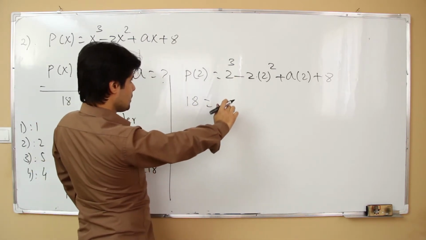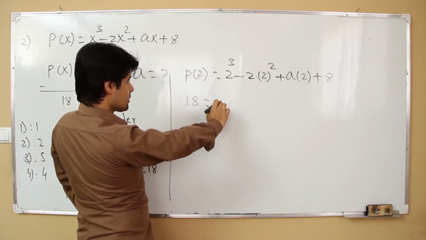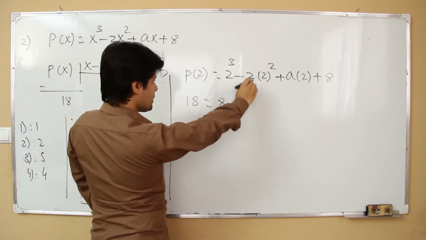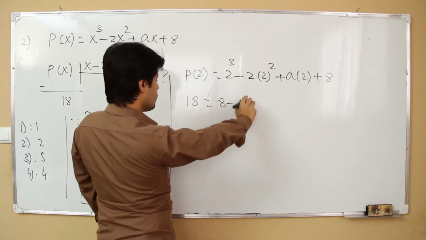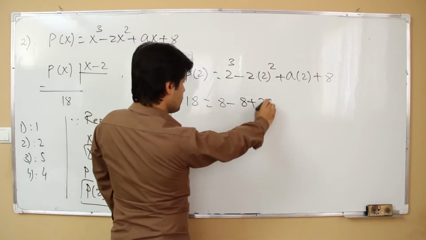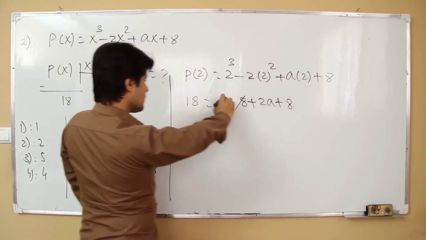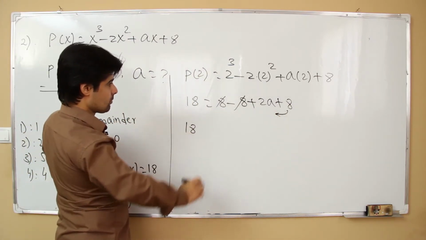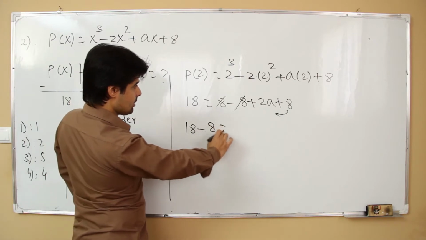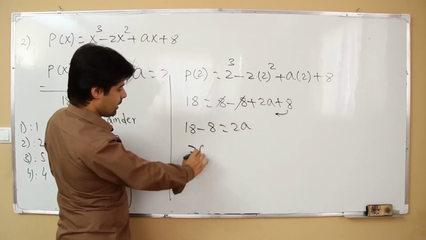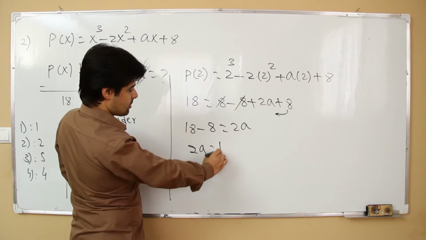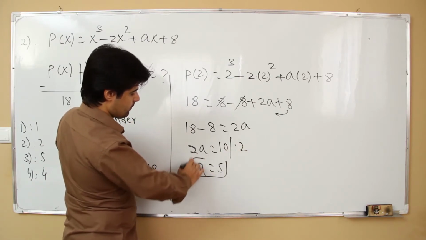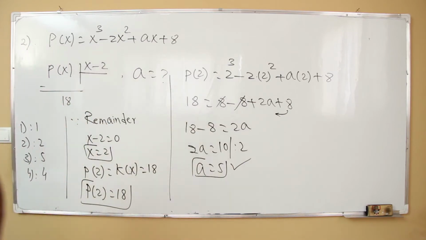So 2 to the power 3 is 8, minus 2 squared, 4 times 2, 8, plus 2a plus 8. This 8 and 8 cancel. Now you put the a term on the left side: 18 minus 8 is 2a. Then 2a is 10. Divide both sides by 2, a is 5. Write it please.